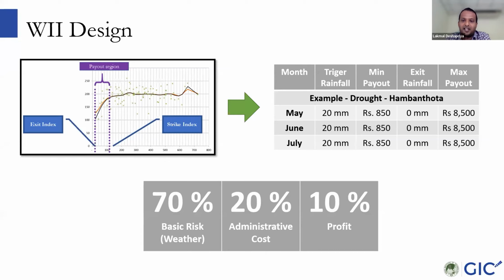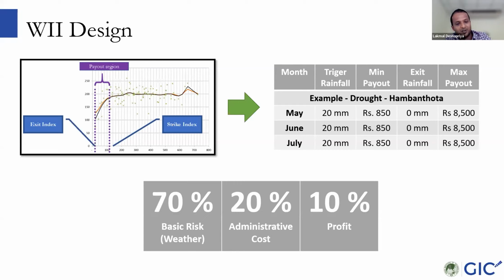Then the payout will start at 850 rupees. And in the worst case scenario, there is no rain, 0 millimeters. In that case, farmers get 8,500 rupees. In between those rainfall levels, they linearly interpolate between the min payout and max payout.